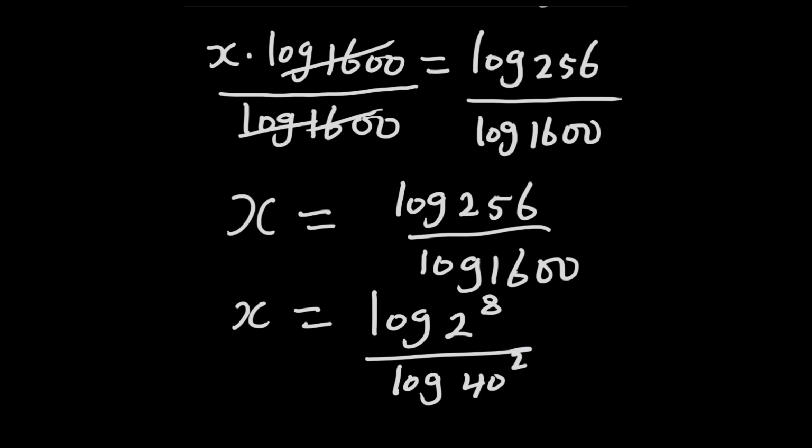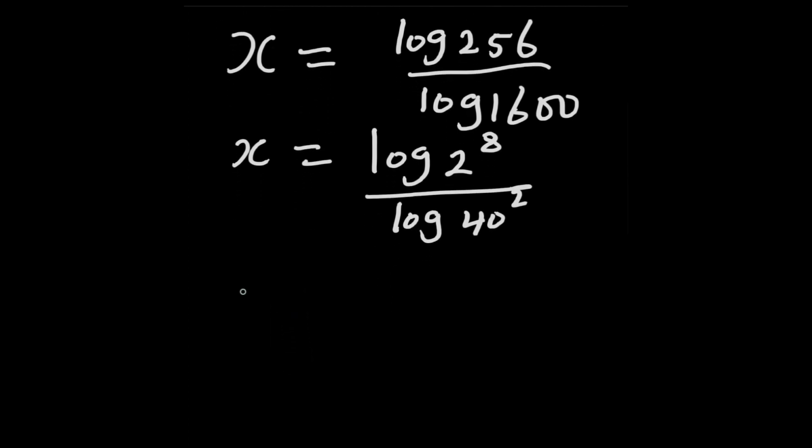Which is the same as 40 to power 2, meaning 40 multiplied by 40, which is going to give us 1600. Now we apply the power property of logarithm again by taking this power to multiply by log 2, and also we take this power to multiply by log 40.